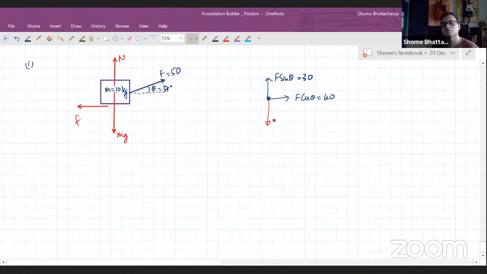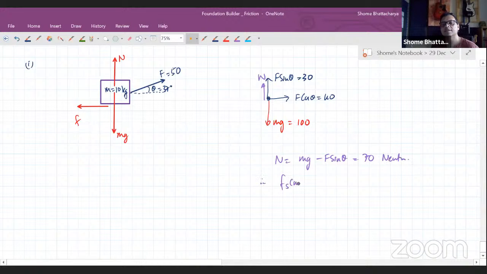mg is 100 newtons. Okay. So therefore, normal reaction, we will find out next how much it becomes. So you can see that normal reaction will become mg minus F sin theta. So it will be 70 newtons. So from that we can also understand that maximum static friction, which is mu s into N, is 0.6 into 70. So it is 42 newtons.